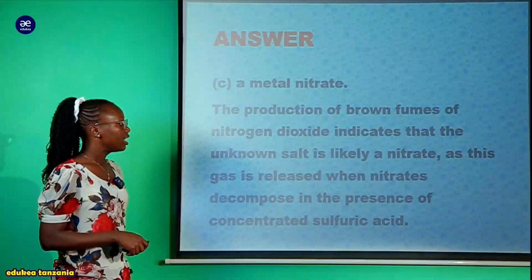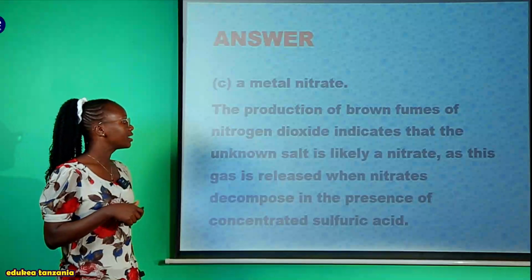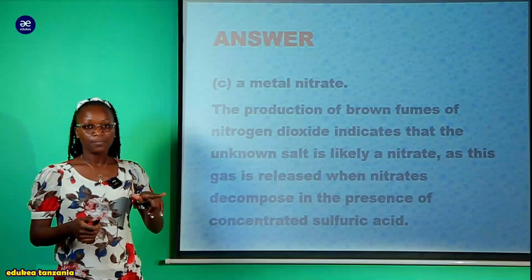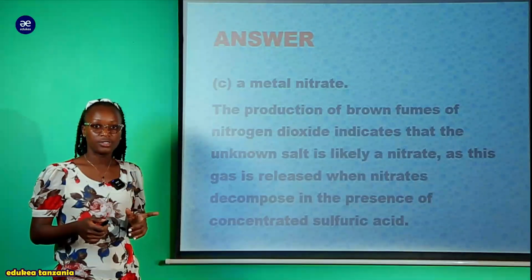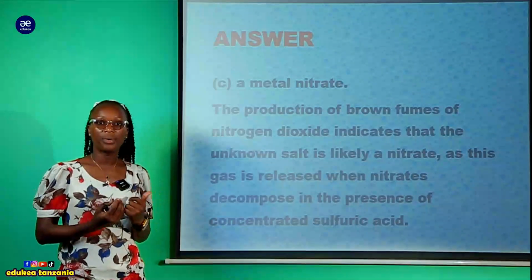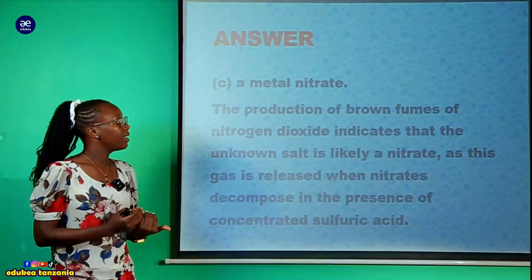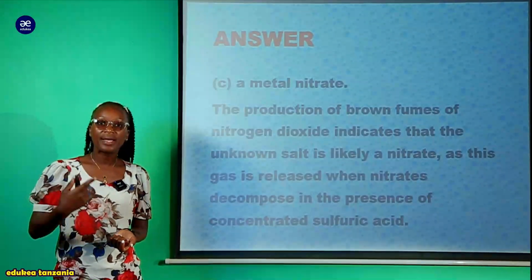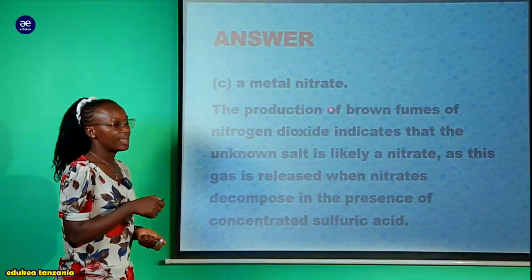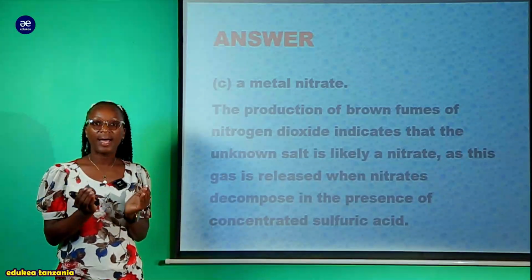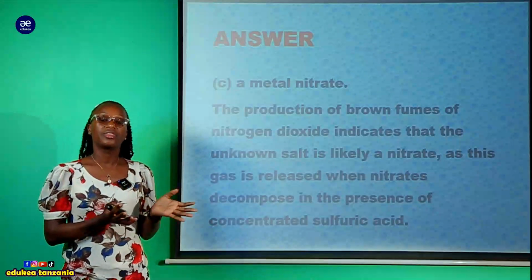So you can see that due to the brown fume of the nitrogen dioxide gas, it indicates kwamba our unknown salt will likely be the nitrate compound or nitrate salt. Ndio maana hapa tumesema kwamba jibu letu ni C ambayo ilikuwa ni metal nitrate. Ina maana ni compound ambayo imecombine ile nitrate with a metal.